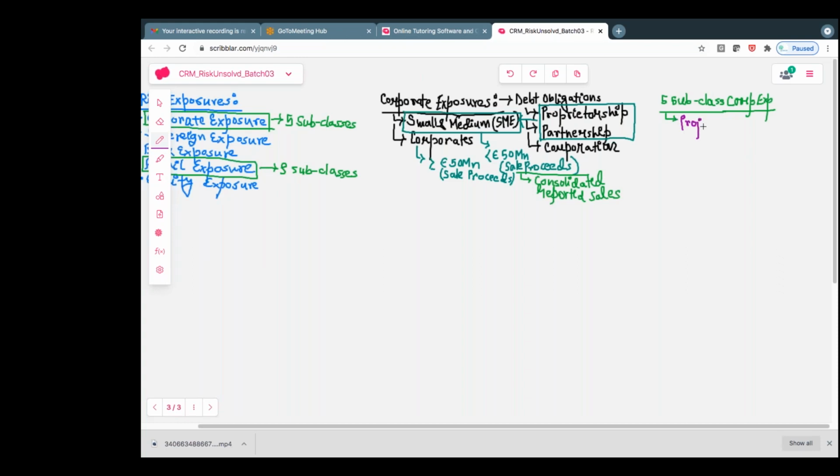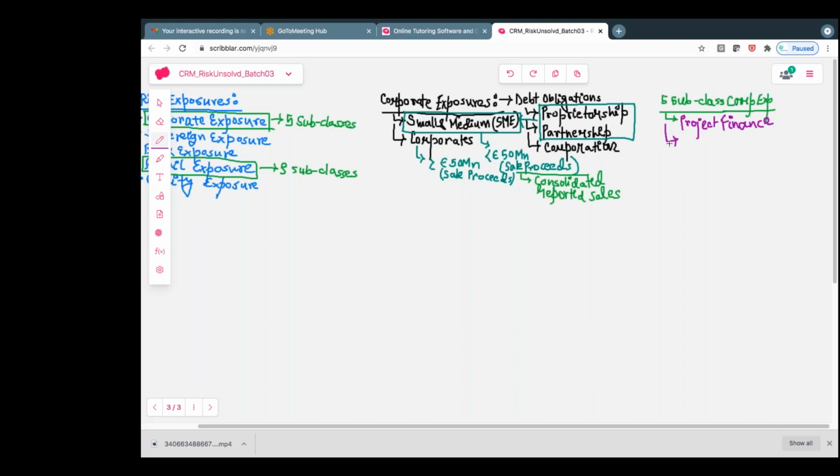Project finance is a typical example of a corporate portfolio. So one of the parts that we have over here is project finance.